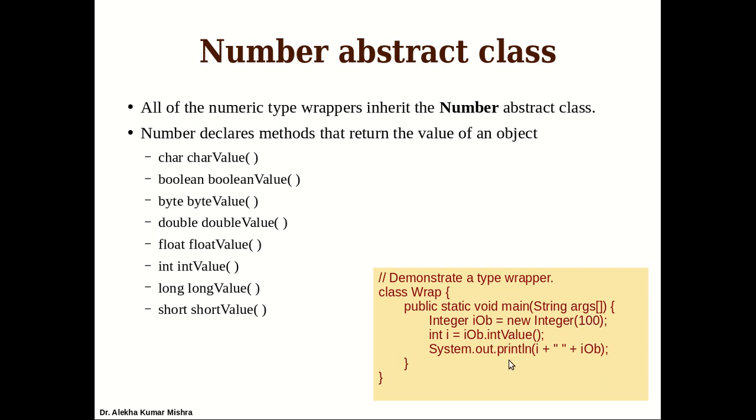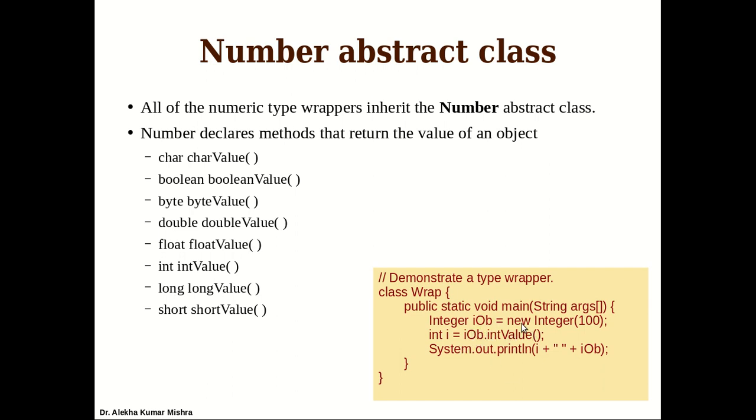Whenever we want to refer to the value, we cannot use the object directly because it is no more a simple variable. It's an object. So to get that, we can use this method. We want to get the value of the Integer object, so intValue. Whenever we call intValue, it returns the integer equivalent, which is nothing but the value of the object that has been assigned.